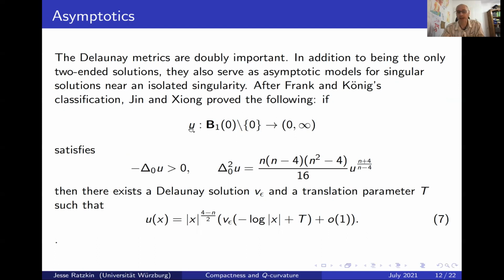They proved that if I have a function in a punctured ball which is positive, is superharmonic, and satisfies that the bi-Laplacian of u is this dimensional constant times u to the power (n+4)/(n-4), then I have an expansion that u is this power of x times a Delaunay solution plus some remainder term, and this remainder term is appropriately small.